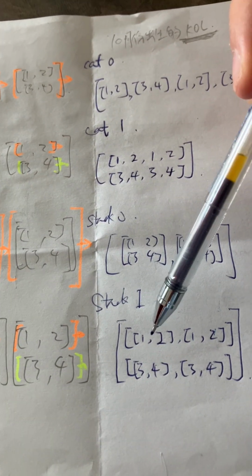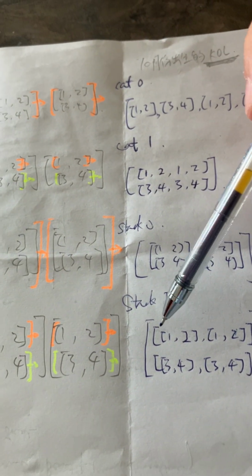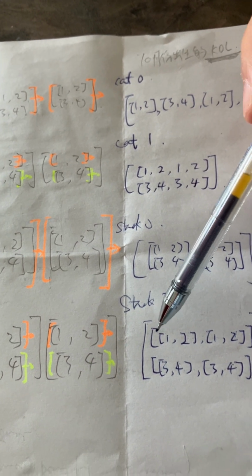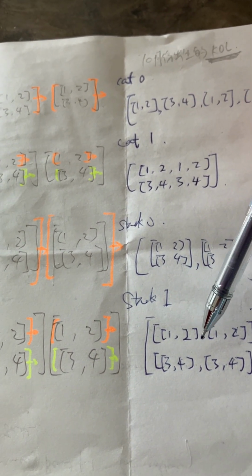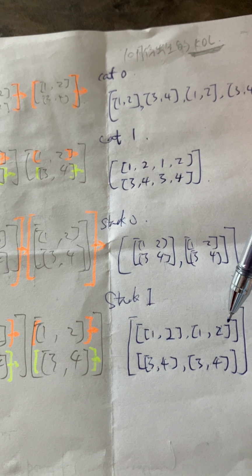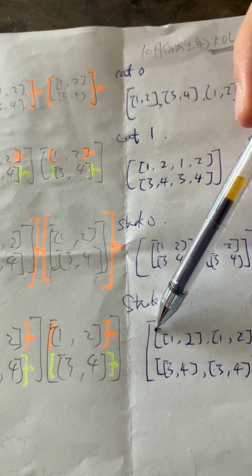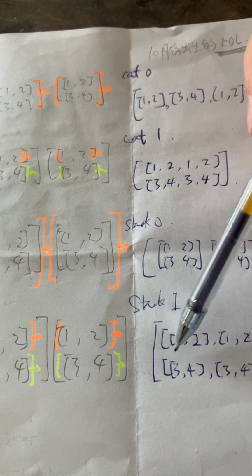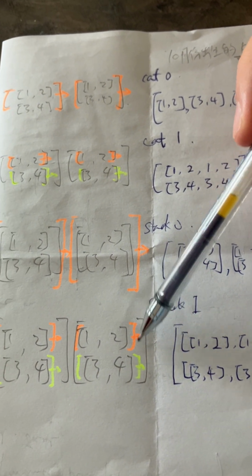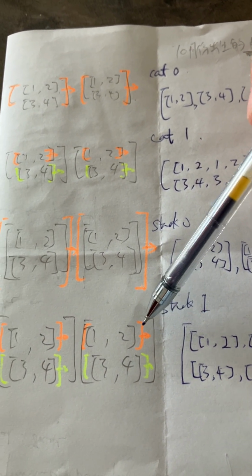Okay, so for this one, the resulting tensor would be like 1, 2, 1, 2, and then with this bracket. Oh, you remember this bracket? It's just the orange bracket that we highlighted here.